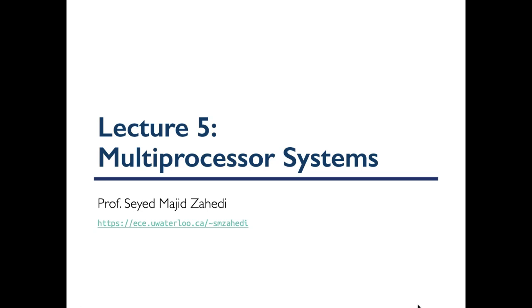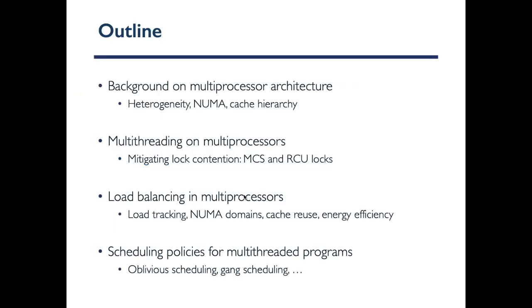Next, we're going to talk about multiprocessor systems, and hopefully we get to talk about, in particular, how threads and tasks are scheduled in multiprocessor systems. So in this lecture, we're going to talk a little bit of background about the microarchitecture and architecture of multiprocessors.